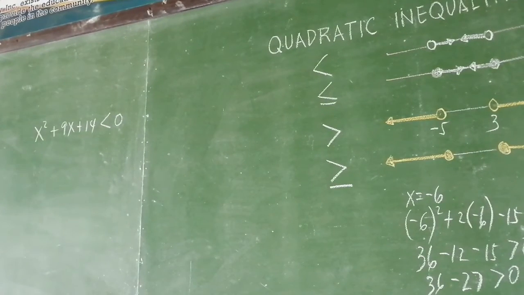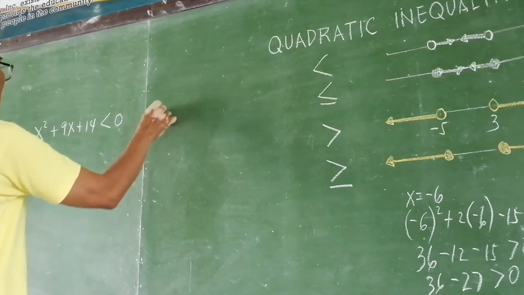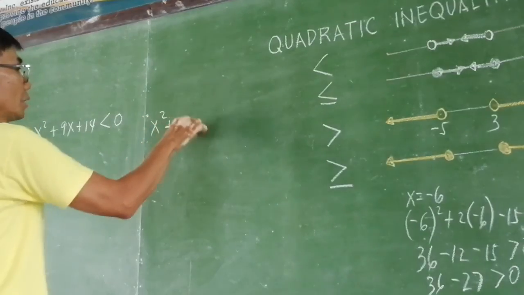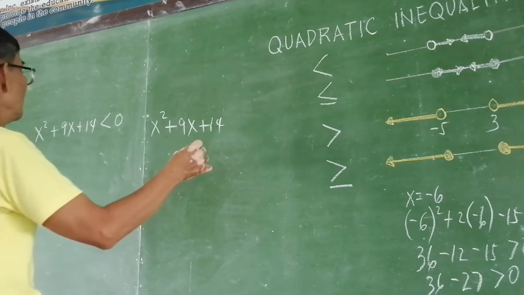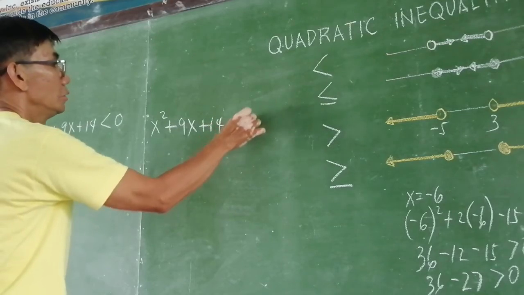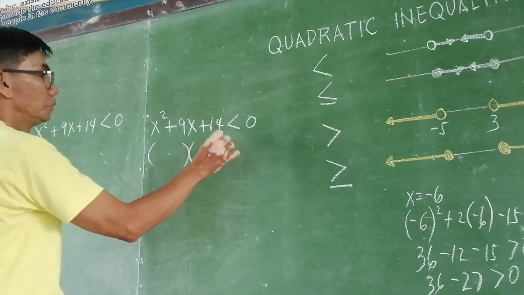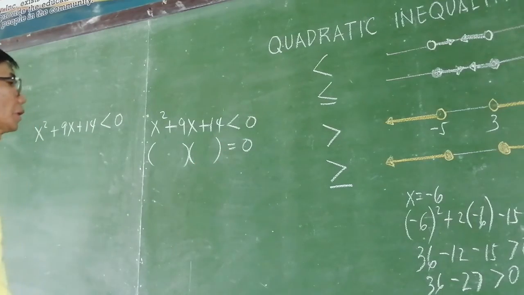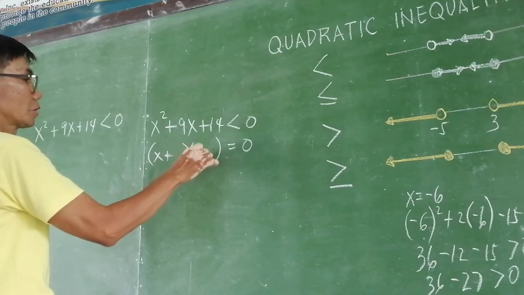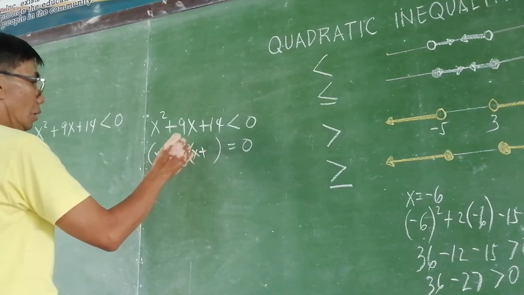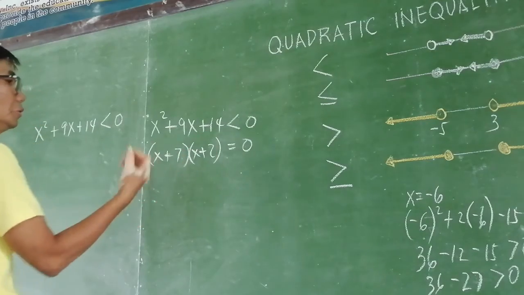Let's see another example. Here, x squared plus 9x plus 14 is less than 0. So we can use factoring also here. Shall we equate to 0 for the meantime? So it will be x plus 7 and x plus 2.